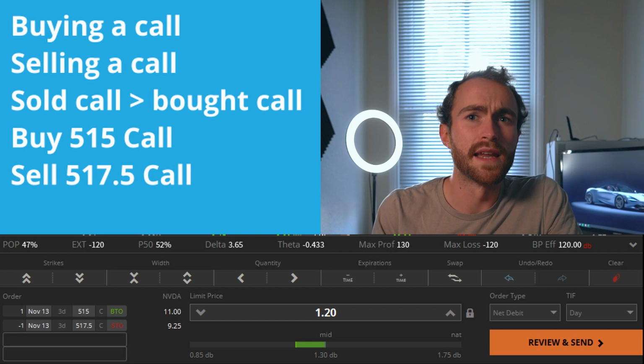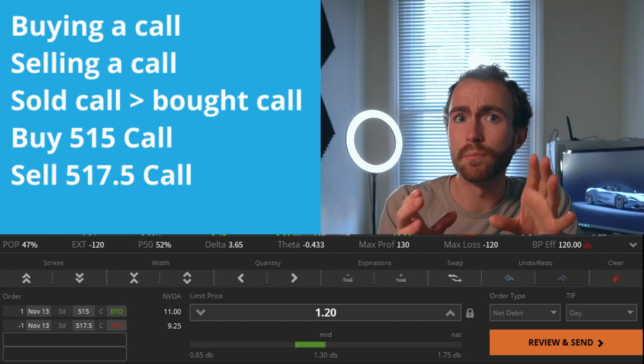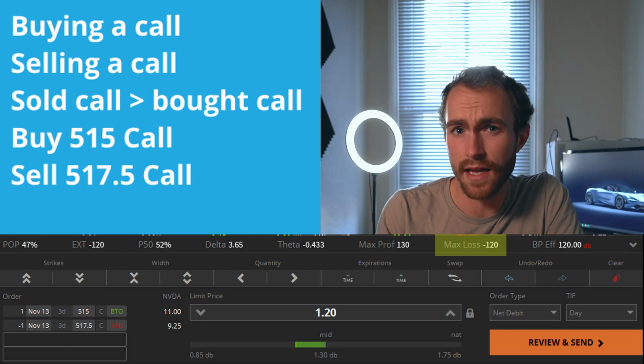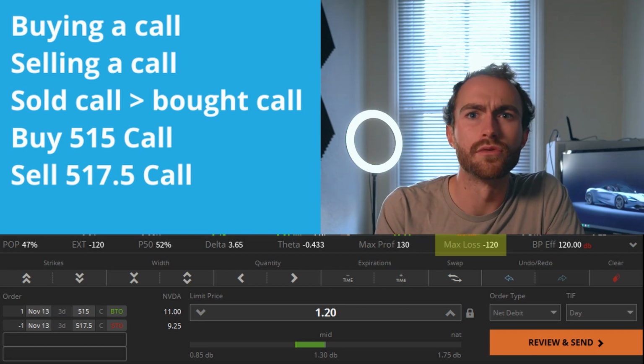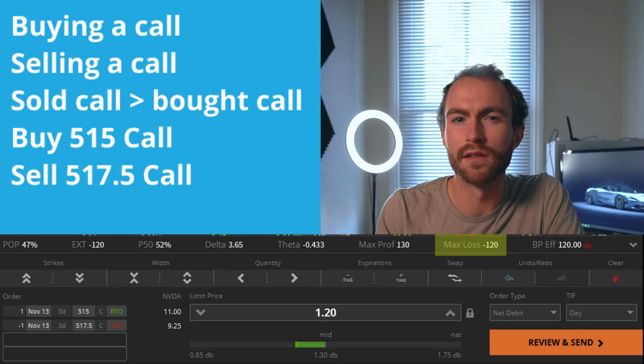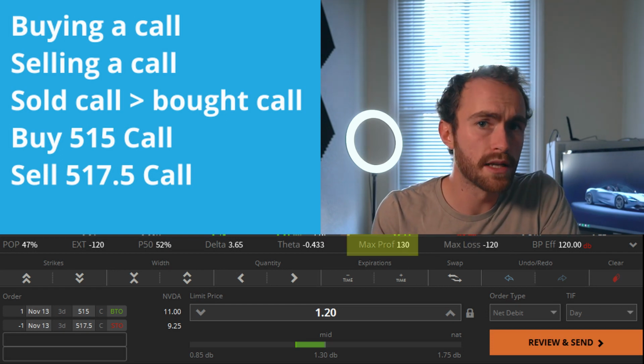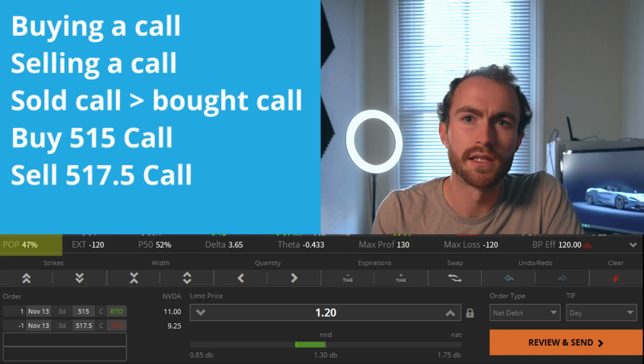This is an overall net debit, and the amount you're paying for this one is the max loss you can take. In this example, it's $120 to buy the call, giving you a max loss of $120, but a max profit of $130 with a 47% chance of success.